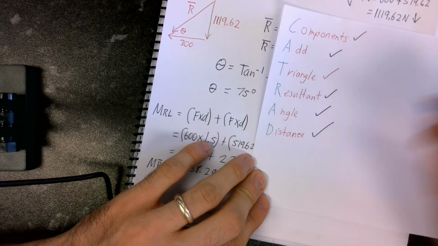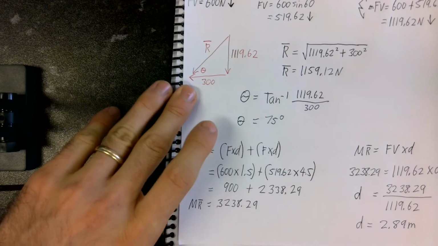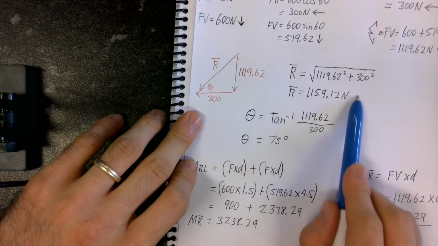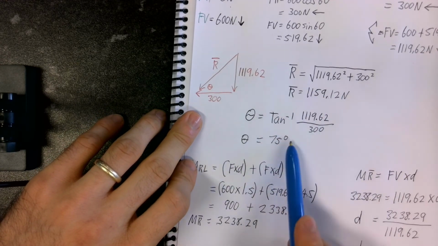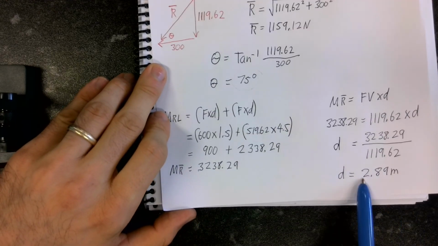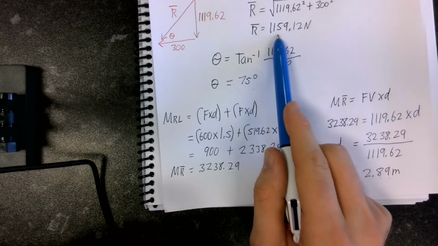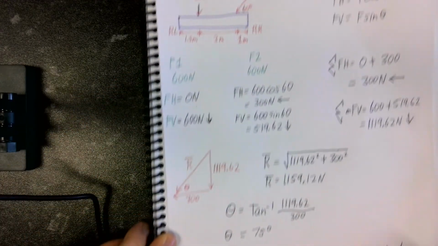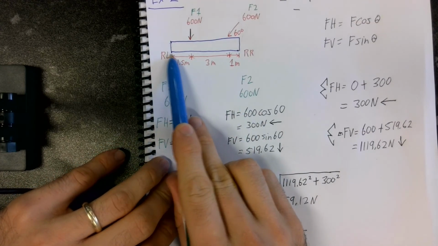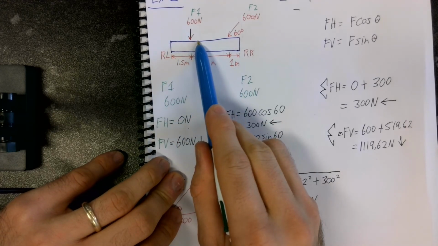Now, gents, this is essentially saying that right now we have a resultant of this much, at an angle of 75 degrees, and our distance is 2.89 meters. Now remember, there was a negative, so that's telling us where this arrow would be. You don't have to do this on your chart, this is just so you understand. But basically 2.89 meters along this beam, so it'd be somewhere about there.